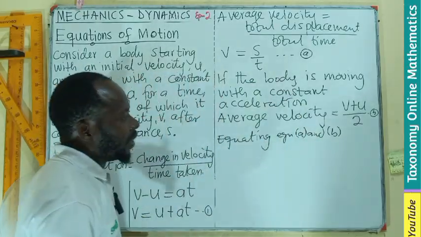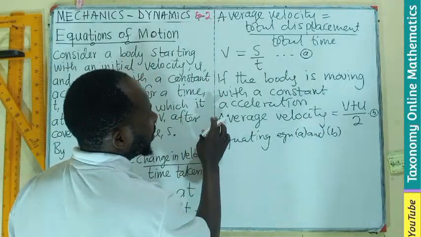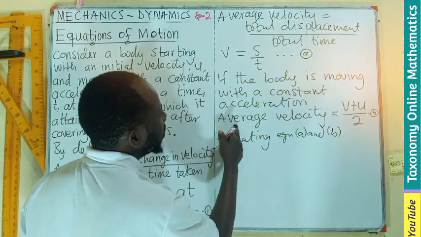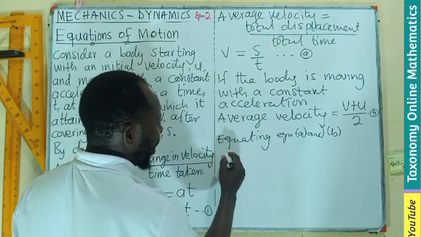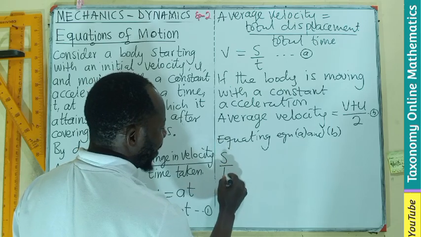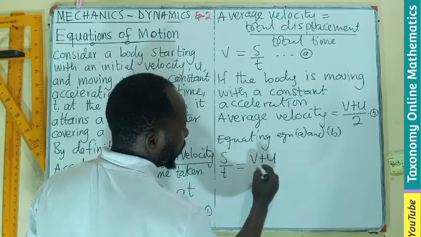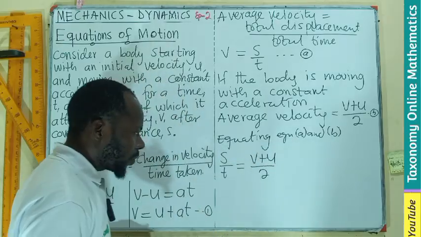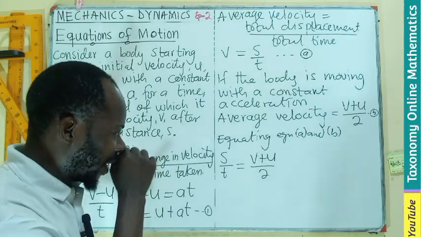So equating equation A and B together, we are going to have s divided by t equals v plus u divided by 2. Then here, let's concentrate on the displacement, the distance covered.